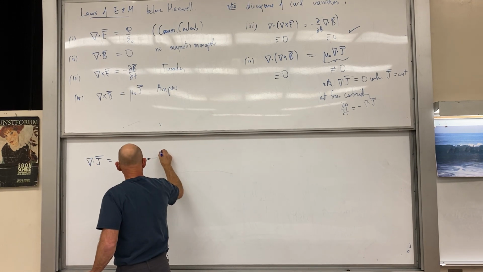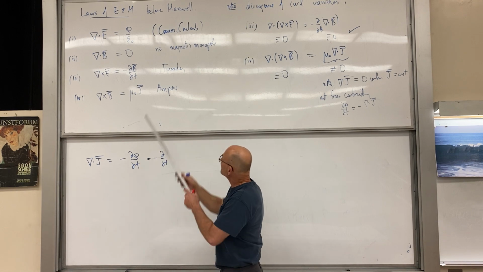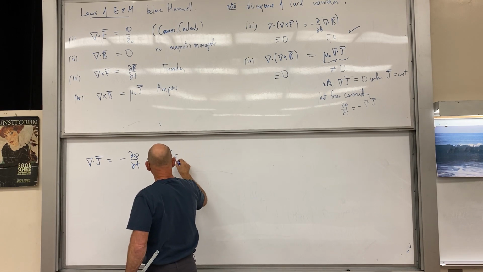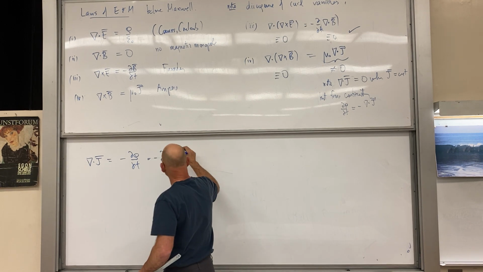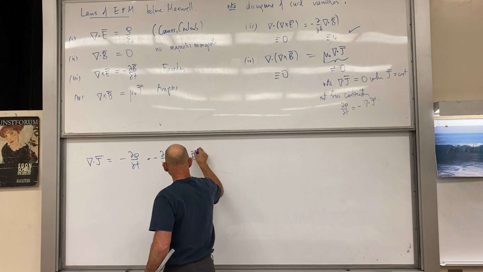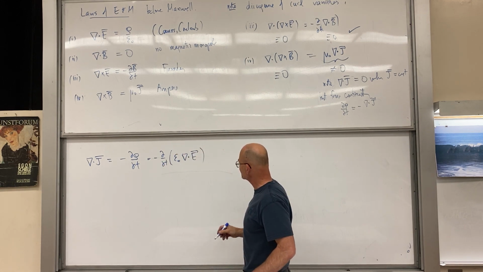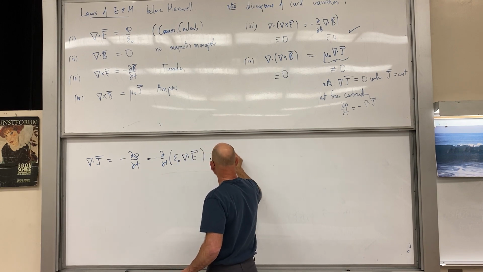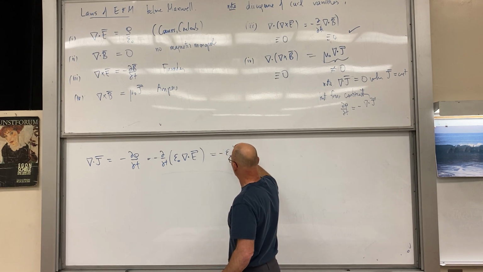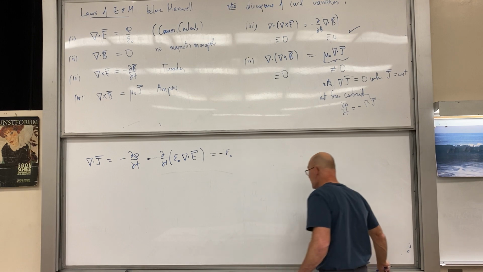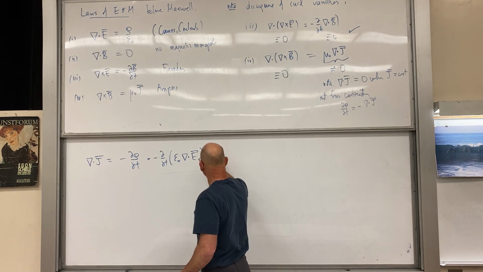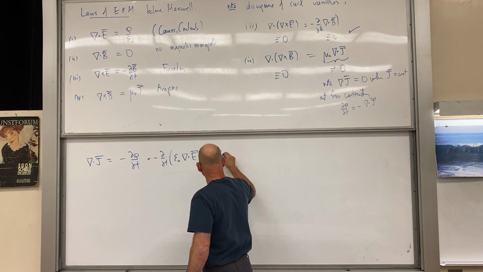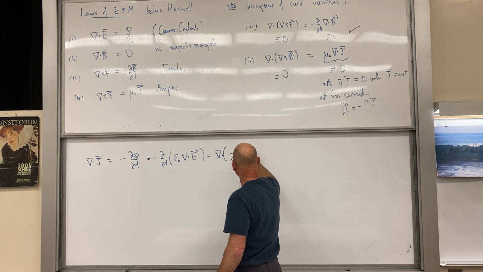We have minus d over dt, and we can just take the charge density epsilon naught, which is a natural constant, divergence of E. Since we have constants here, we can just have equals divergence of minus epsilon naught dE dt.